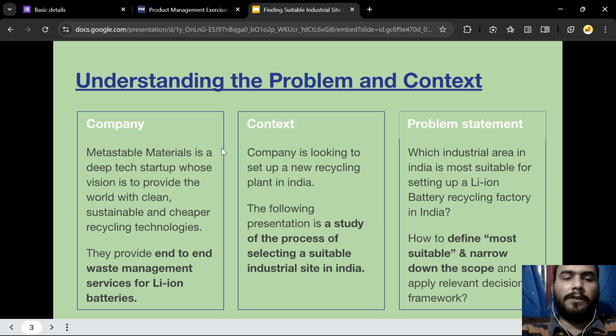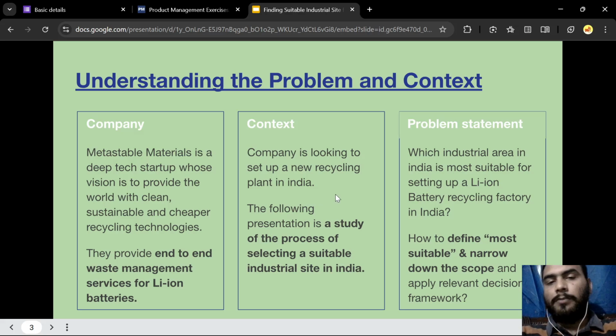They also provide end-to-end waste management services for lithium-ion batteries, because when the recycling happens, the key elements found in the battery are rare earth metals, and they have various use cases in multiple industries: pharma, telecom, and food. So it acts as a supply chain for those industries.